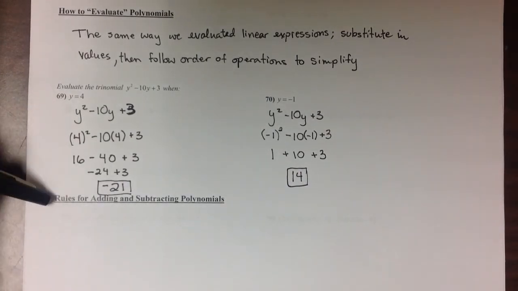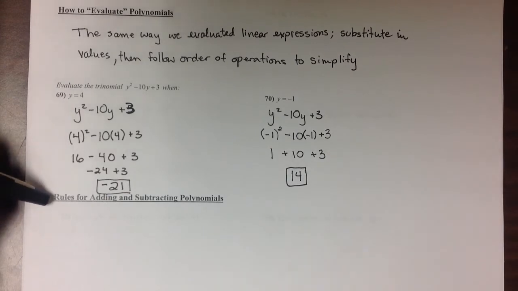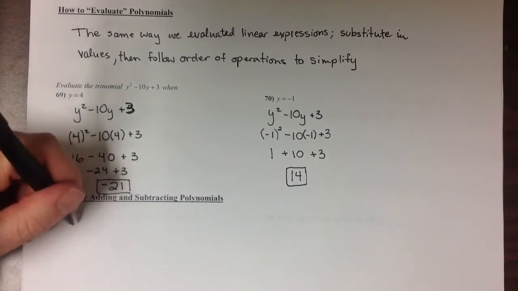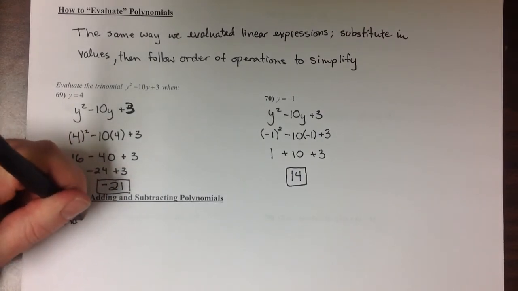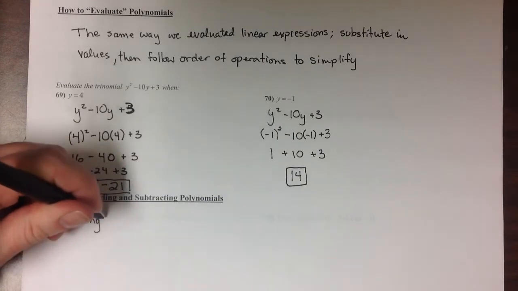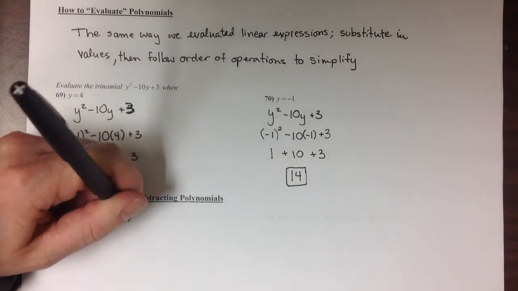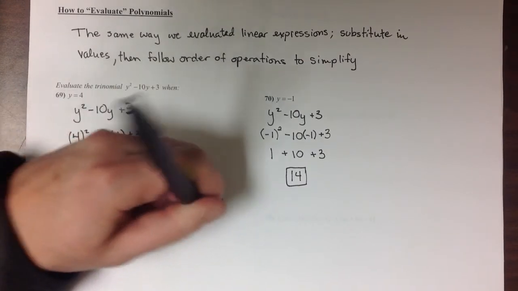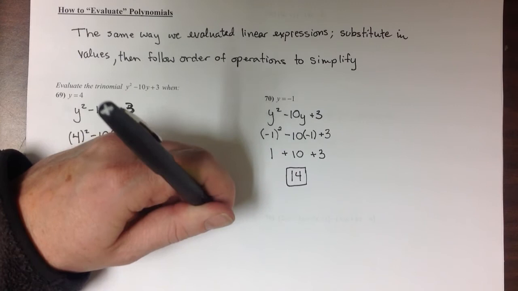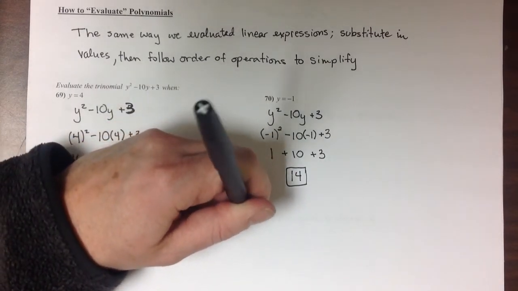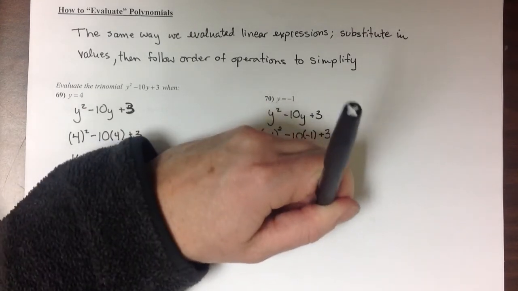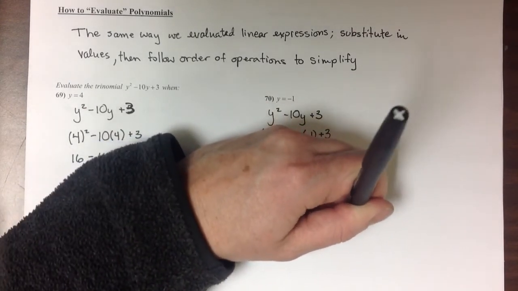Let's talk about the rules for adding and subtracting polynomials too, since we're only at 3 minutes, and then we'll do the examples in the next video. So when you want to add or subtract polynomials together, for adding, remove parentheses, then combine like terms.